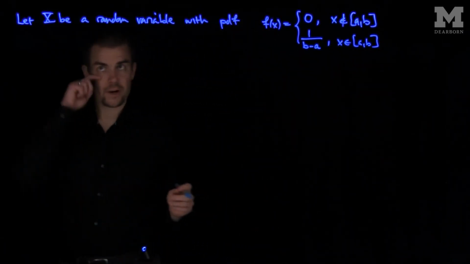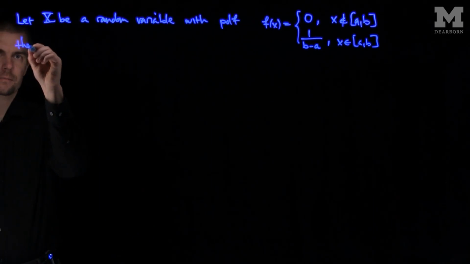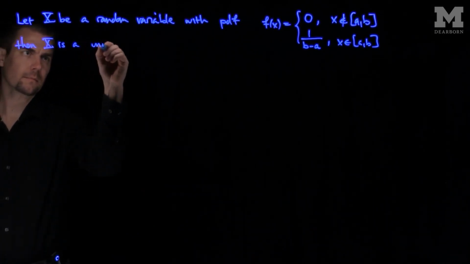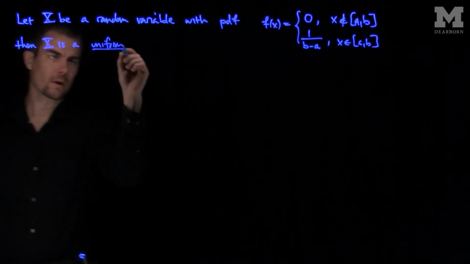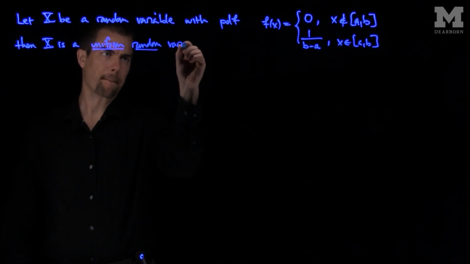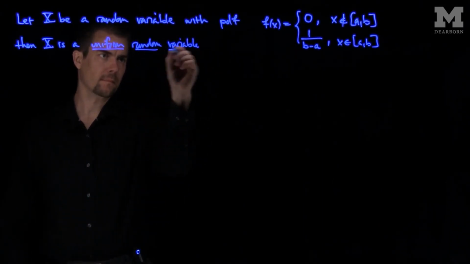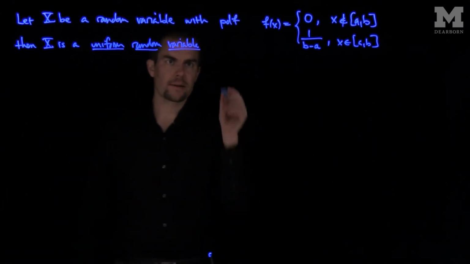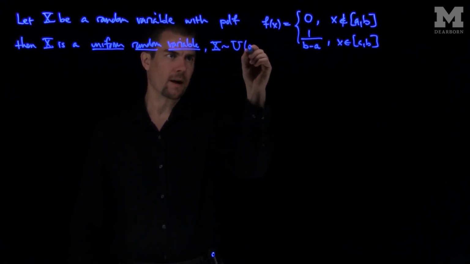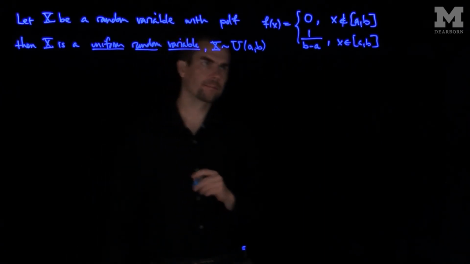So we call this random variable x a uniform random variable, and we write that x is uniform on the interval a to b.